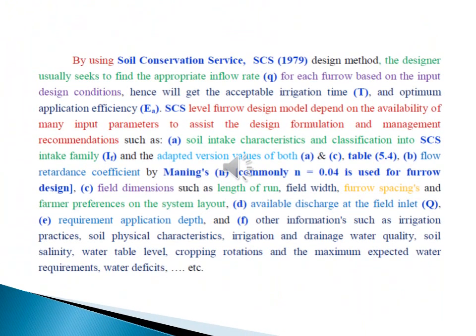Soil Conservation Service (SCS) designed models depend on the availability of many input parameters, such as soil intake characteristics and classification into SCS intake family, flow, the roughness coefficient by many equations, furrow dimensions, available discharge at the furrow inlet, required application depths, and other information such as irrigation practice, soil physical characteristics, irrigation drainage water quality, soil salinity, water table level, crop rotation, and the maximum expected water requirement, water deficit, and so on.